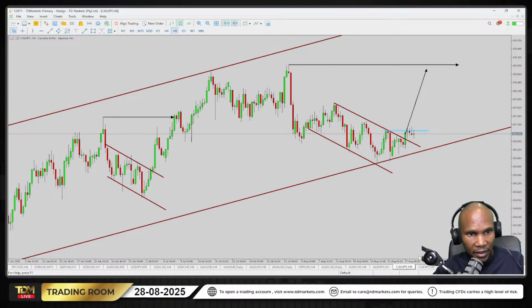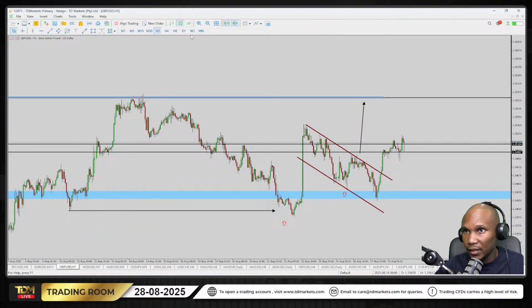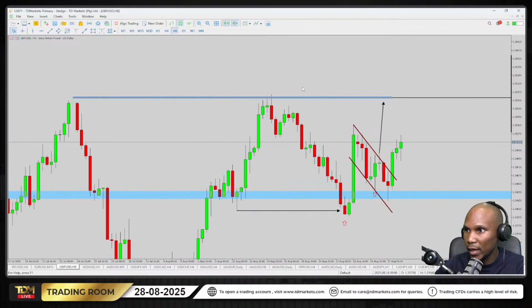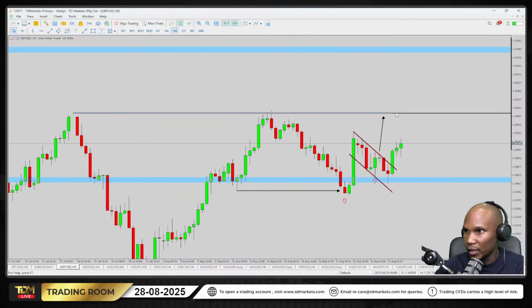All right. Golden pips. I'm still in GBP USD. Yeah, we spoke about it on Tuesday, right? And this is what has happened since. Let me just clear this. So with this one, like I said, it seems like it's going back to that high there, right? We've broken out of the flag. We're going back to that high.